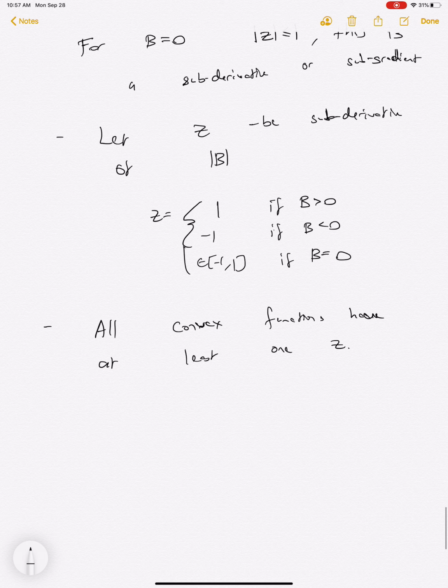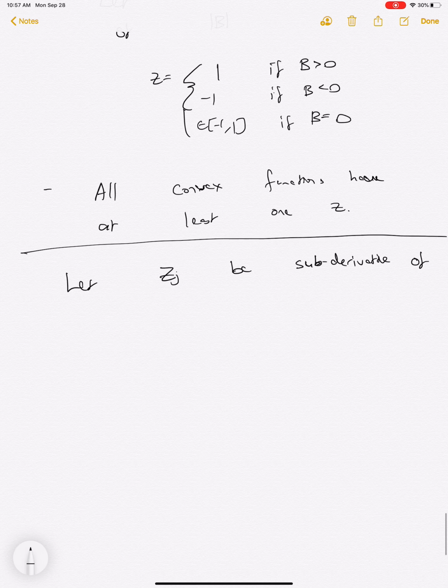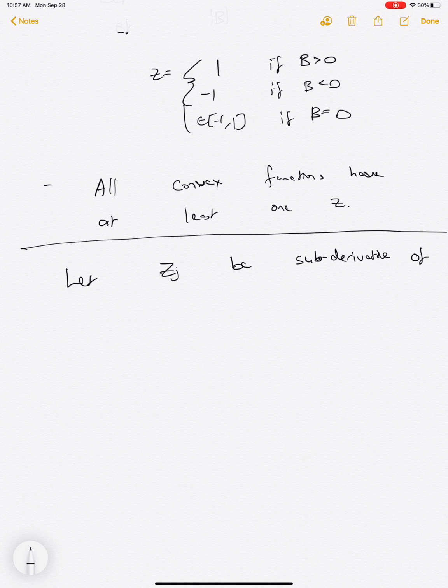Going back to what we're talking about here, let zj be the subderivative of the absolute value of bj.